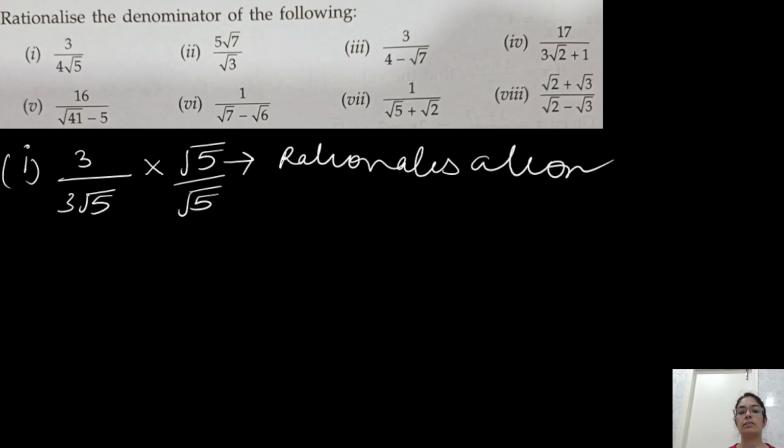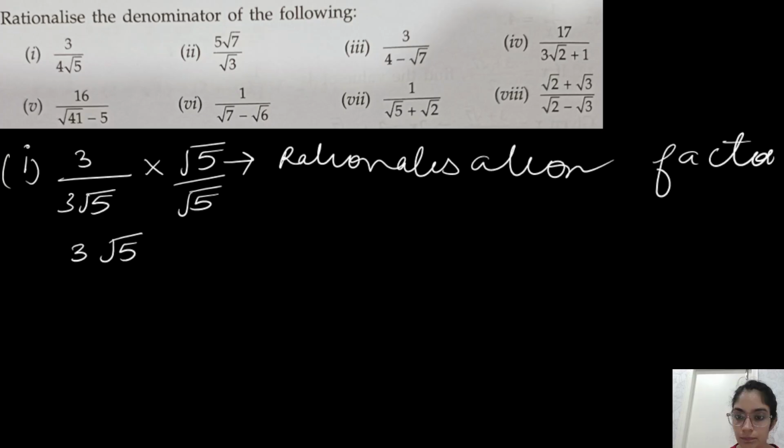So rationalization is done, and the number with which we are multiplying the numerator as well as the denominator is known as the rationalization factor. So this is 3√5, because 3 into √5 is 3√5.